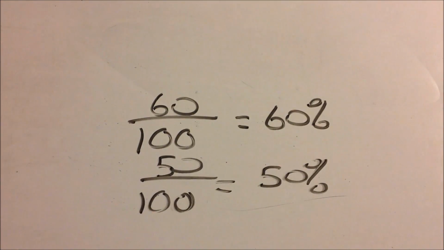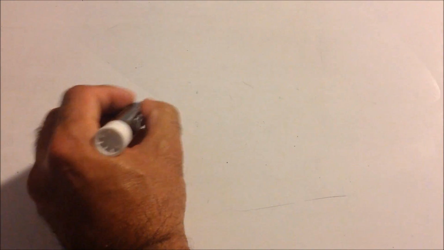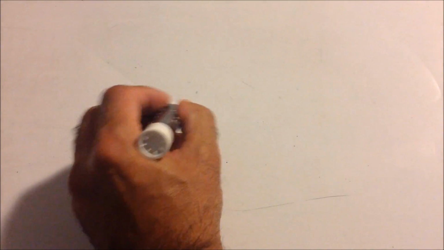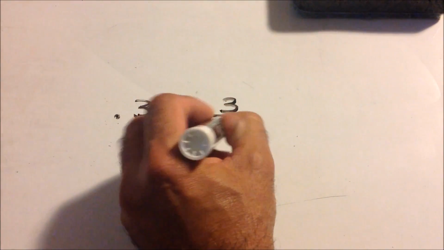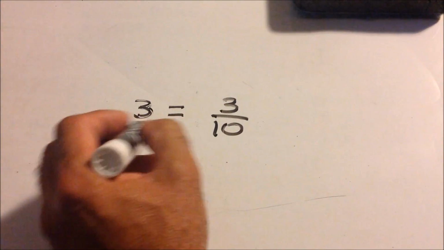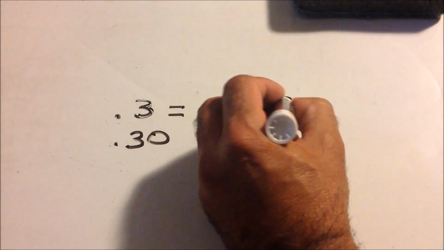And there's other ways we can do this, and we'll do them later on. One more. If I had 0.3, what is that as a fraction? 0.3 as a fraction is 3/10. It's also, because you know that 0.3 is also 0.30, it's the same thing, 30 over 100.